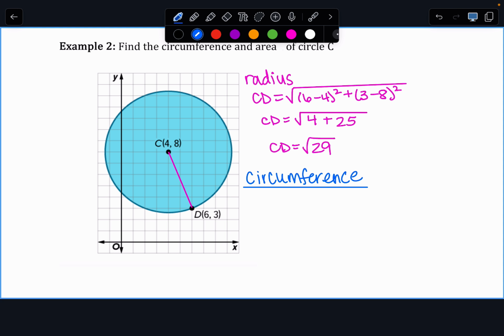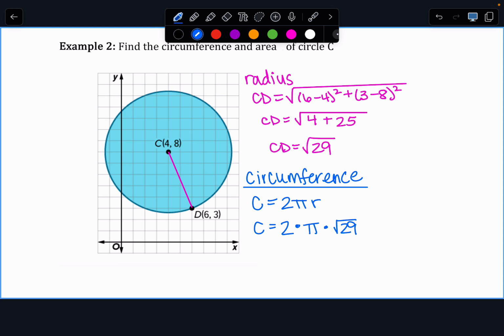Circumference is 2 pi r. So could you just be quiet for a couple more moments here? Our circumference is going to be 2 times pi times the square root of 29.